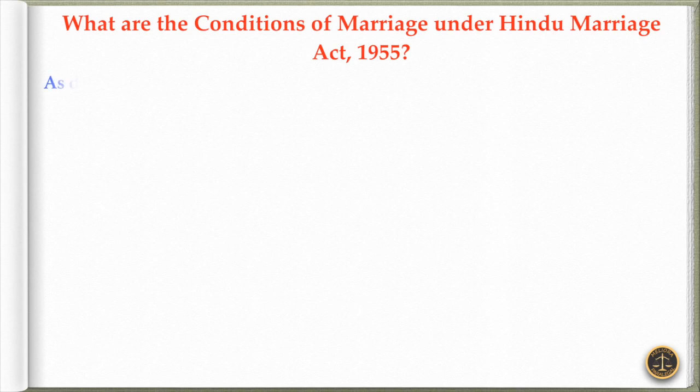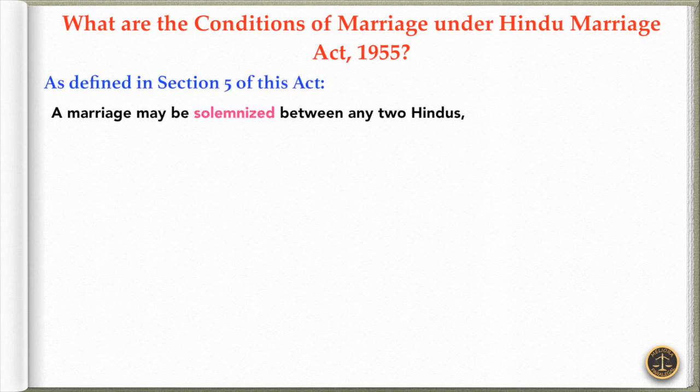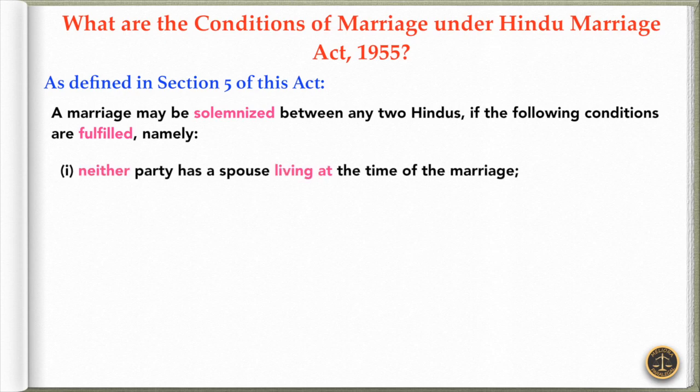Now, the next question is, what are the conditions of marriage under Hindu Marriage Act 1955? As defined in Section 5 of this Act, a marriage may be solemnized between any two Hindus if the following conditions are fulfilled, namely, neither party has a spouse living at the time of the marriage.